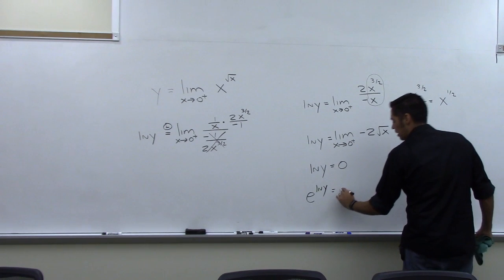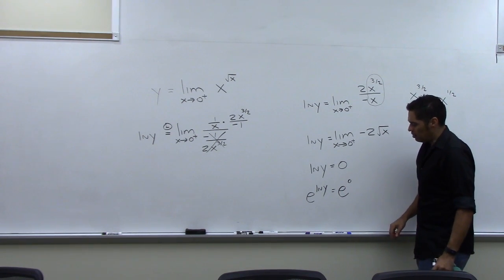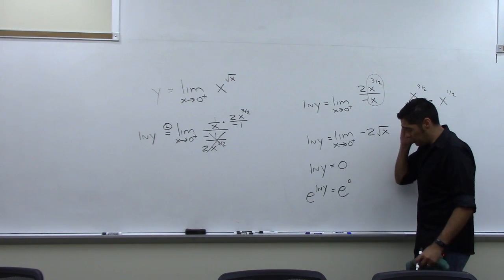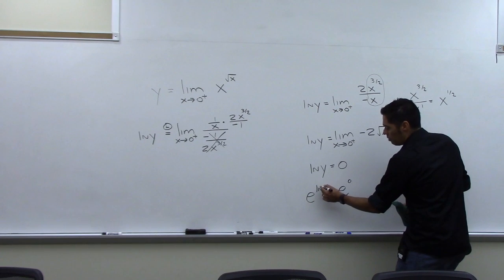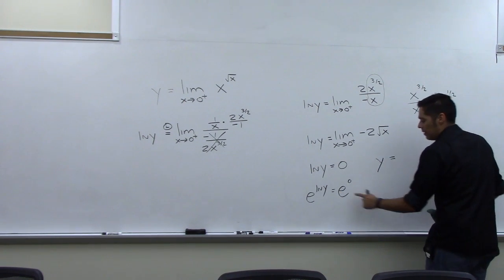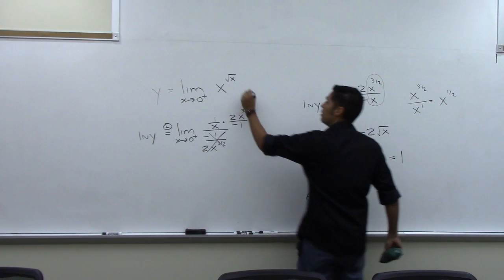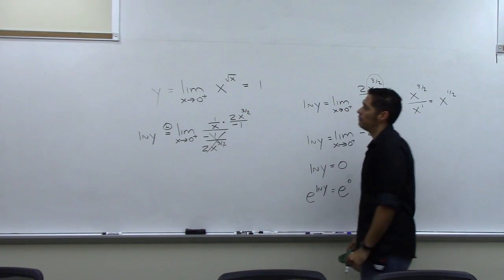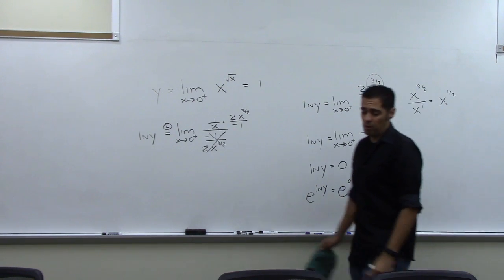On this side, we do e raised to this side of the equation. And so you're basically composing both sides of the equation with the inverse of natural log. E to the natural log of y is y, and then e to the 0 is 1. So y must be 1, which means the answer to this is 1. That's a good problem right there.